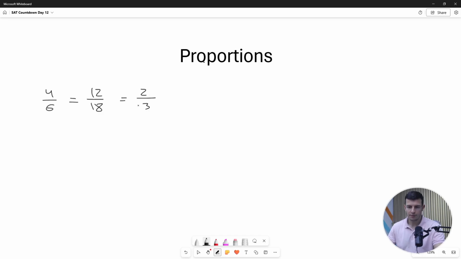Yes? Now, SAT loves proportion questions because they show up mostly in scaling problems, like when you have maps and recipes and mixtures and resizing shapes and whatnot. So what I mean by scaling problems is when you have to take one thing and apply it to a bigger scale. Like a map would be a good example, right?